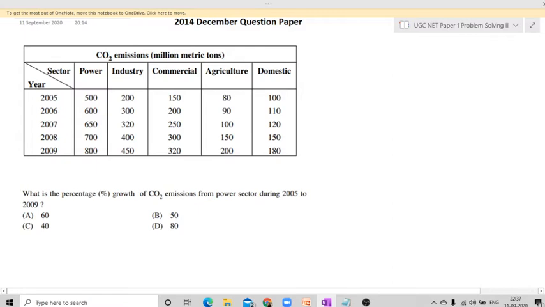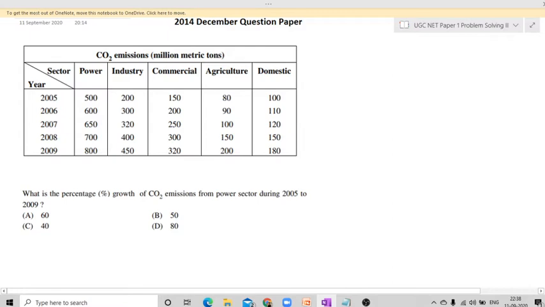So we need to be very sure with all the percentage things that we have seen in the previous sessions, like how to calculate percentage values, what percentage of, and the percentage increase and decrease. If you have doubts, you can see the previous sessions. I will attach the playlist of this UGC NET paper 1 in the description box of this video. You can make use of that.